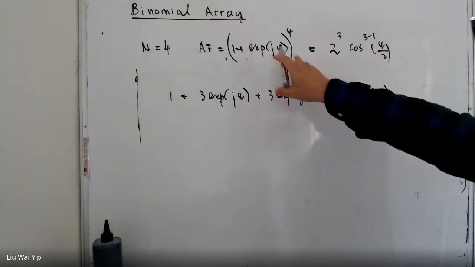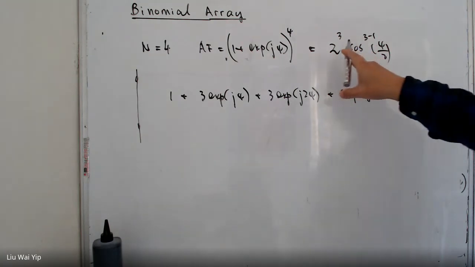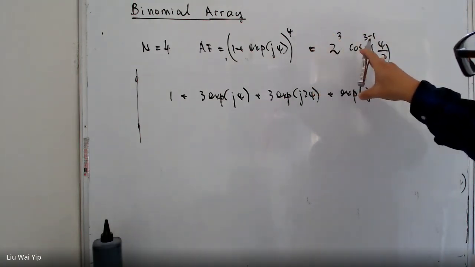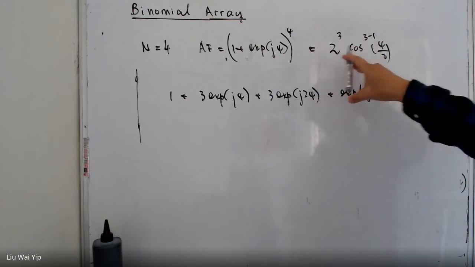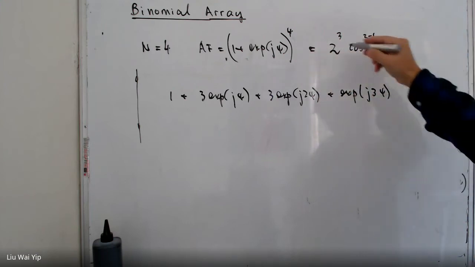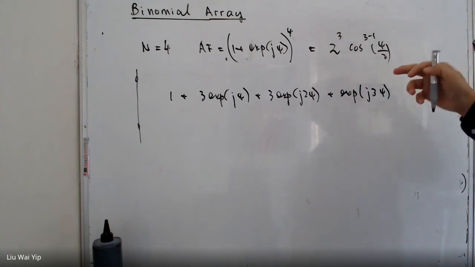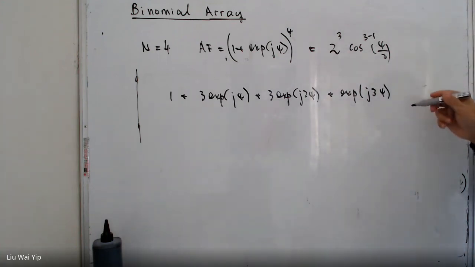And according to our derivations, we know that the final array factor should be equal to this one.